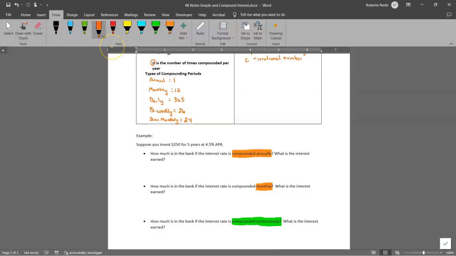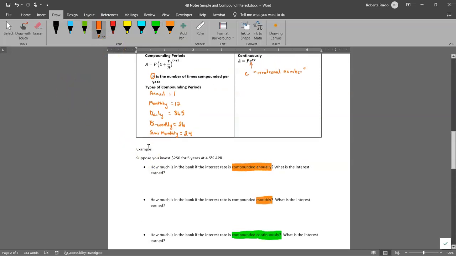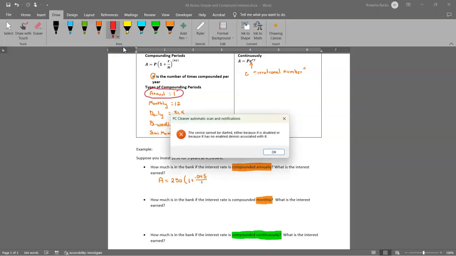And so we look at our formula, our equation, and we have A equals P, so the initial amount of $250. And then we have this 1 plus, now the interest rate is 4.5%, so 0.045 divided by, now annually is 1, so divided by 1.